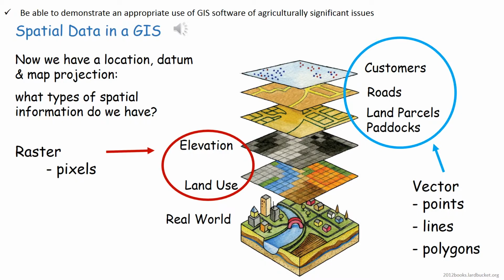However, to calculate an area or to represent areas, you must have a closed space, which is polygon data. So examples of polygons could be your land parcels or your paddocks. Line data is often roads or railways, and point data is often specific point information such as customers.